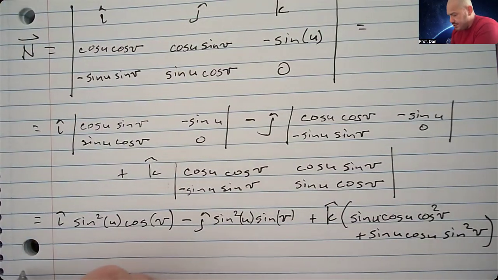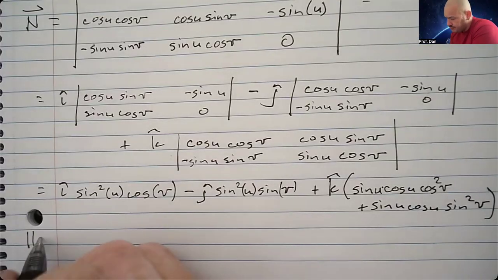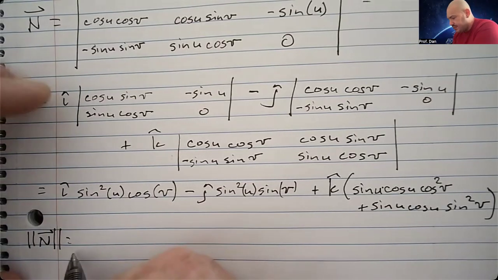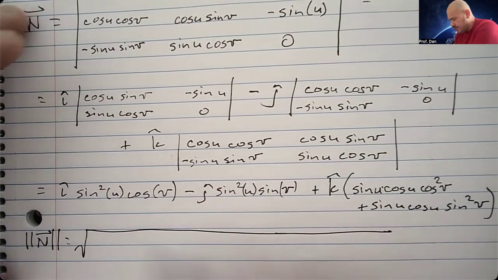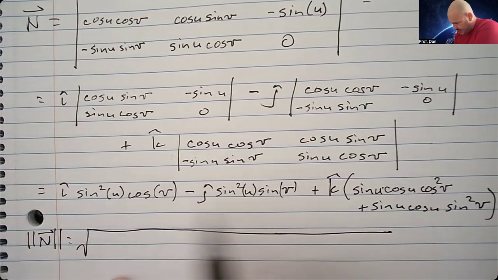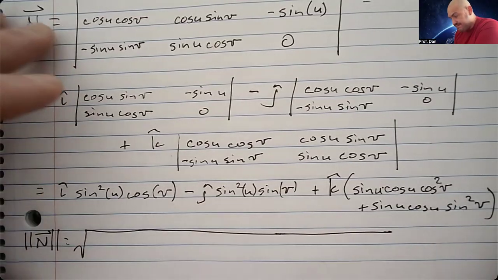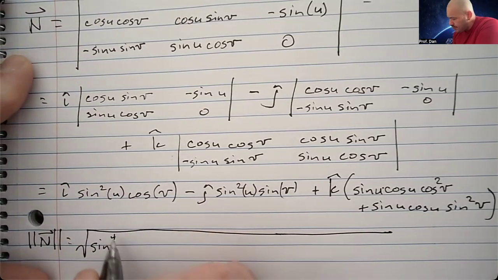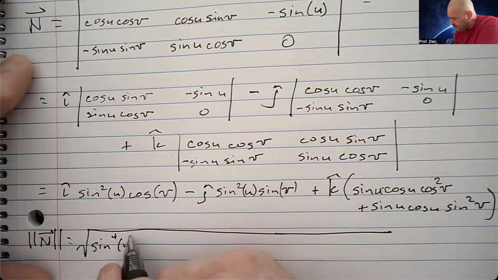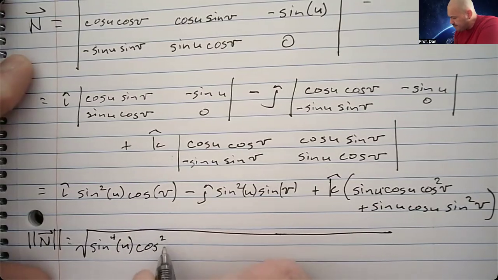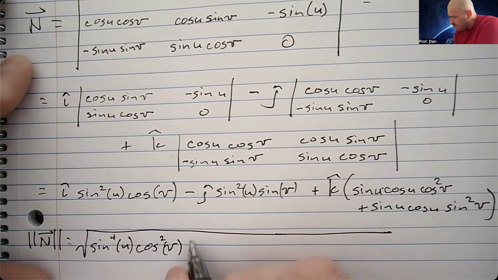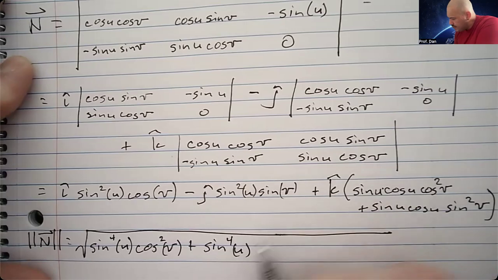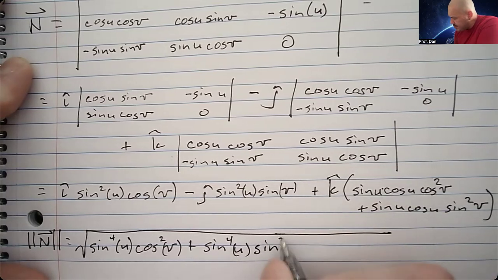To find the magnitude, remember that's where we take the square root of the sum of all of these squared. So we're going to get sine to the fourth u cosine squared v plus sine to the fourth u times sine squared v.